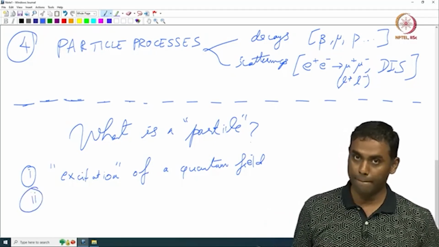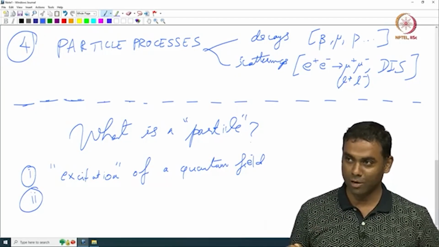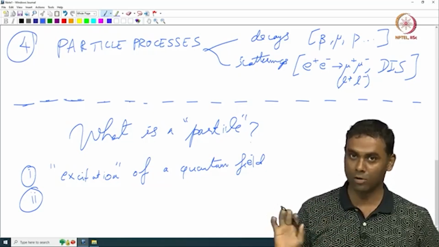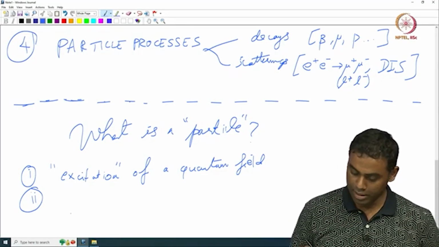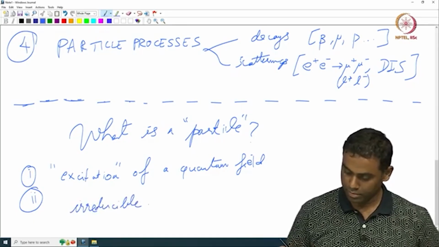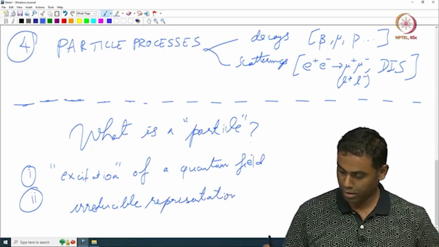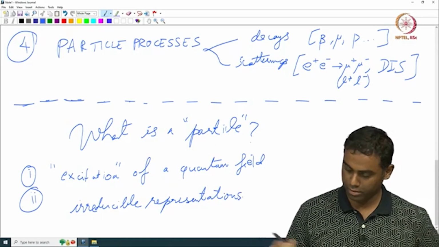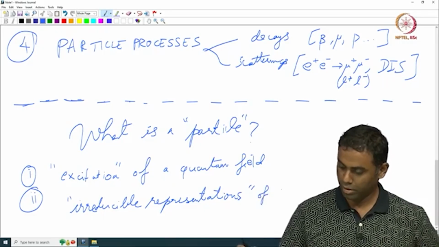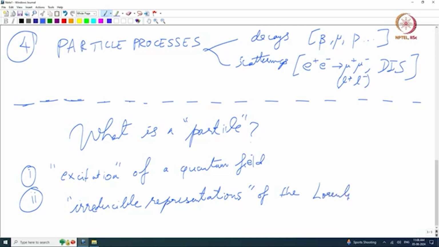Another would be, again I am going to throw some jargon out there, but we are going to see exactly what these words mean, okay. Another is, these are irreducible representations of the Lorentz, maybe even the Poincaré group.